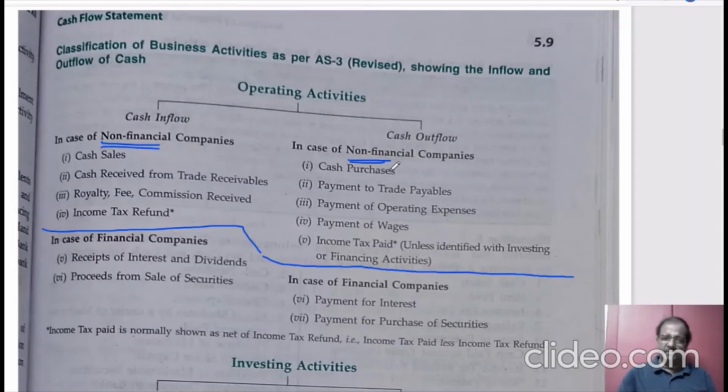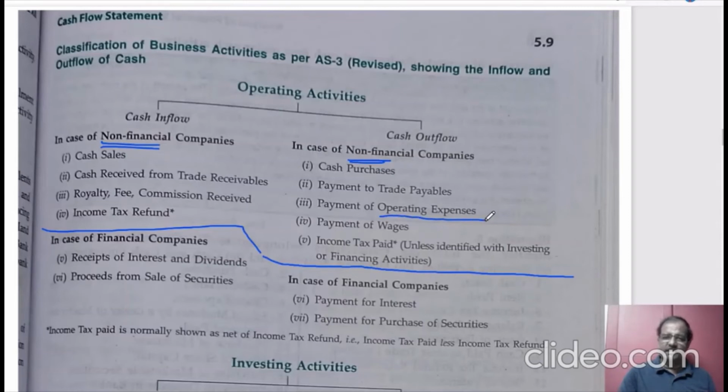At the same time, what are the easily understandable examples of cash outflow for non-financial companies? Operating activity, non-financial company cash outflow is any cash paid out for purchasing of goods, payment to trade payables, that is bills payable and creditors, and payment of operating expenses in general.